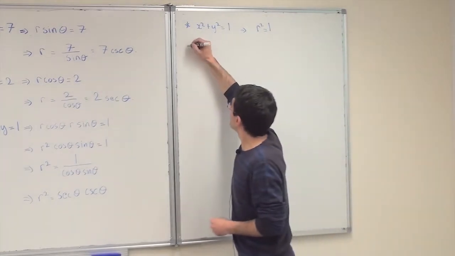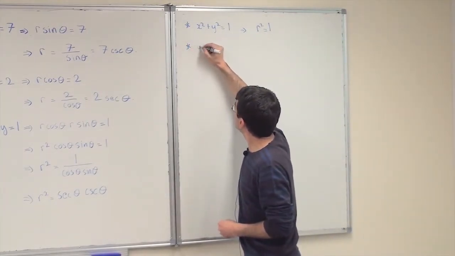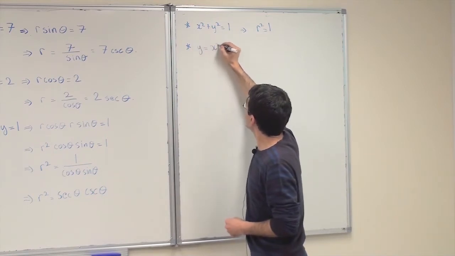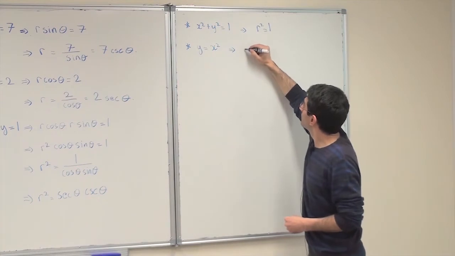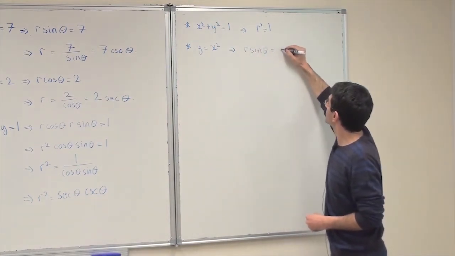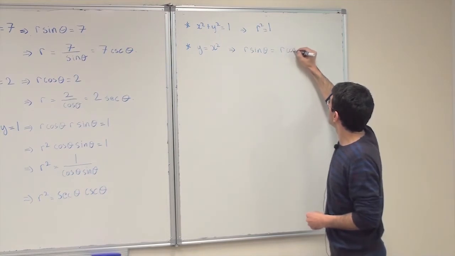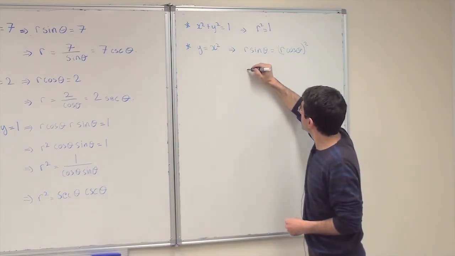Now our last example is going to be y equals x squared. So we write for y, r sine theta, and for x, r times cosine theta. Then we simplify this.